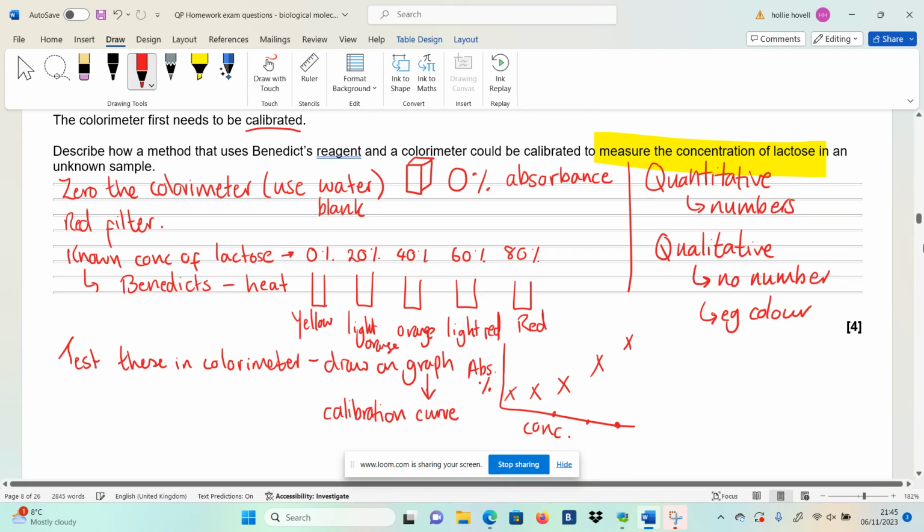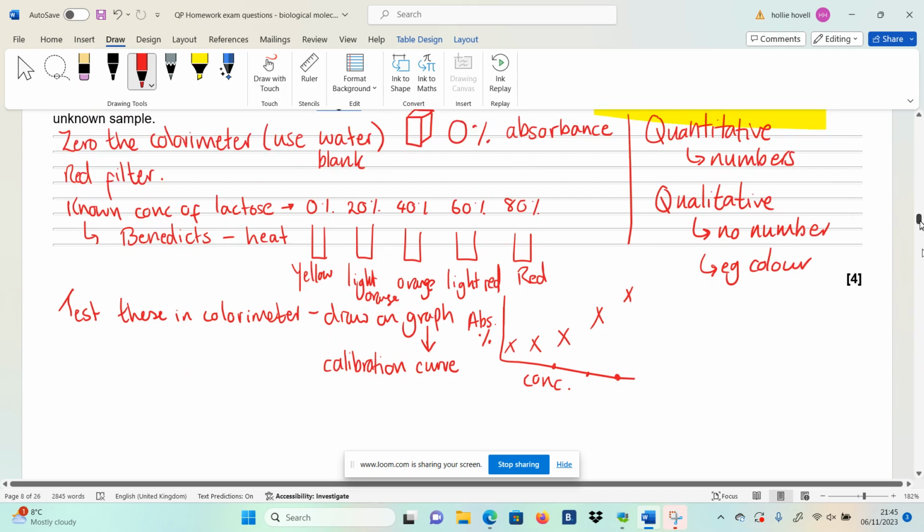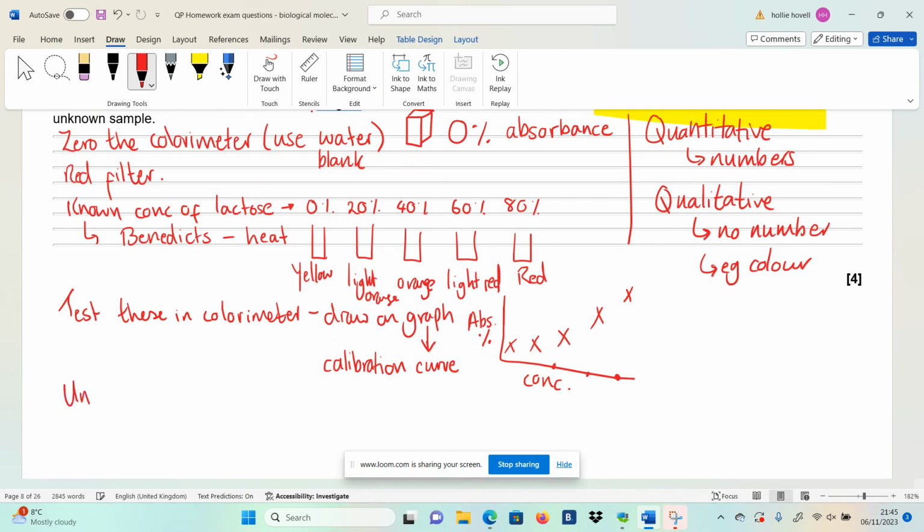Okay, so then what you can do is you can test your unknown sample. So you're going to get your unknown sample, the lactose solution that we don't know how concentrated it is. And with that one, we can add Benedict's, heat it.